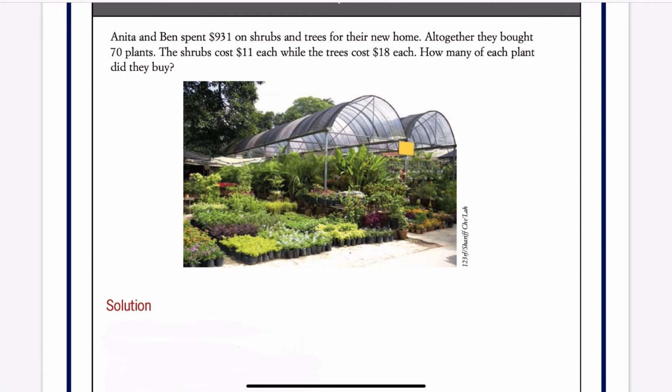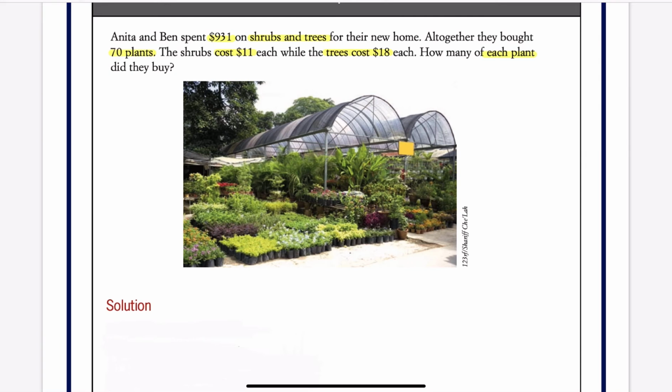They spent $931 on shrubs and trees. Altogether, they bought 70 plants. The shrubs cost $11 each, and the trees cost $18 each. How many of each plant? Our variables here are going to be the shrubs and the trees.